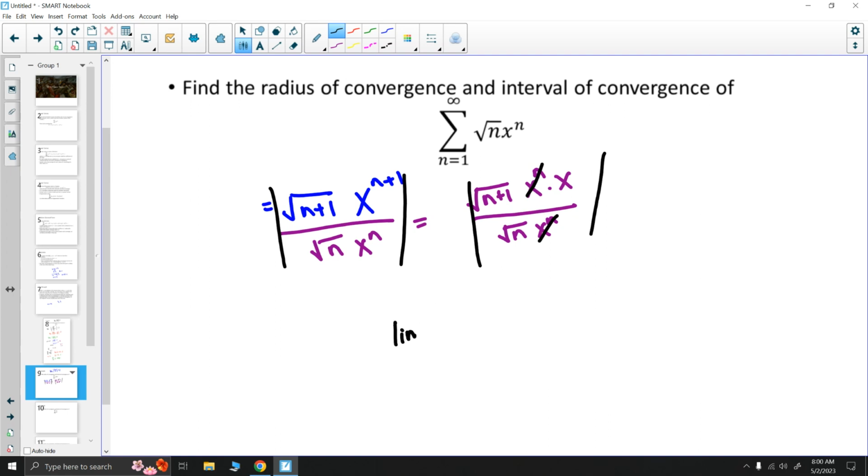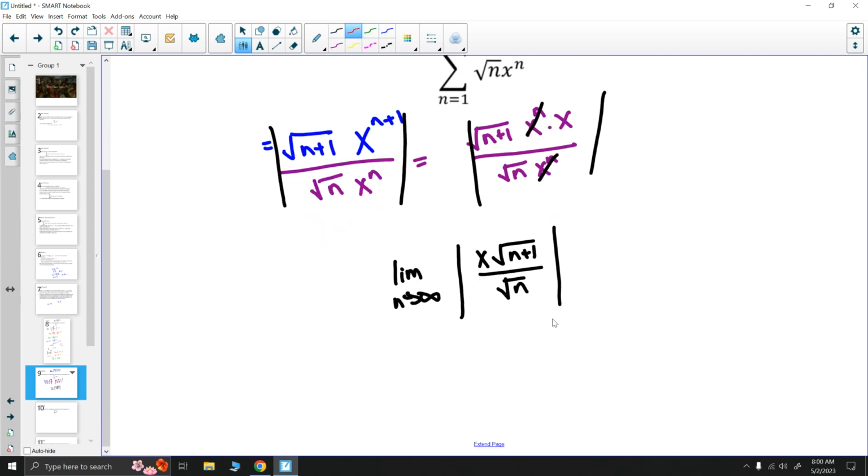So the limit as n approaches infinity of the absolute value of x times the square root of n plus 1 over the square root of n. So as n goes to infinity, the only terms that matter are going to be our n values here. The plus 1 is meaningless, so it's basically this, over square root n.